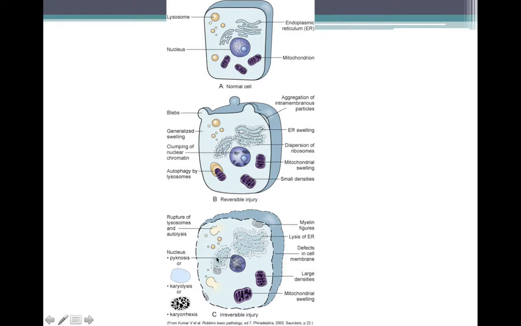Organelles start to break down because they swell too much. The nucleus starts to explode as well because it swells with too much water. And really we reach a point which is almost like allostatic overload on cells, where we can't really return to homeostasis because too many of our mechanisms are overloaded and they can't reverse these injuries. So we get this irreversible injury, which is going to lead to necrosis.